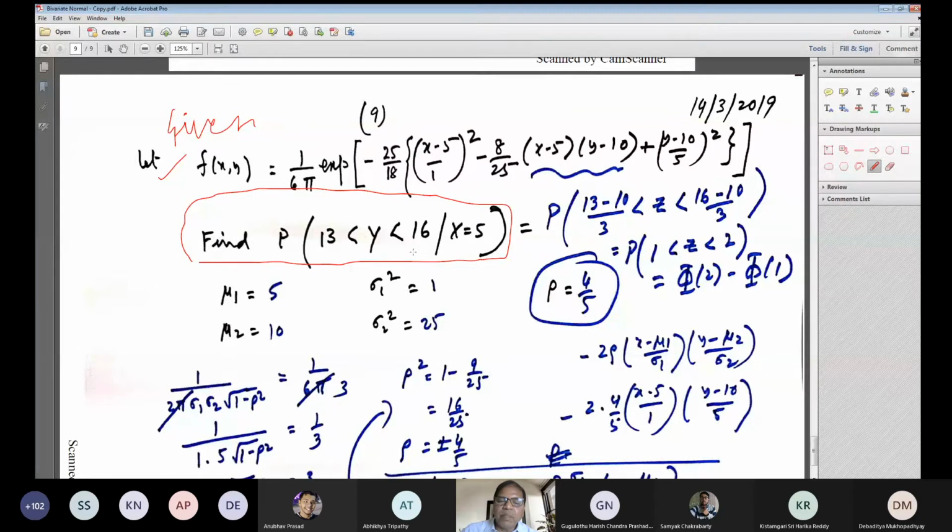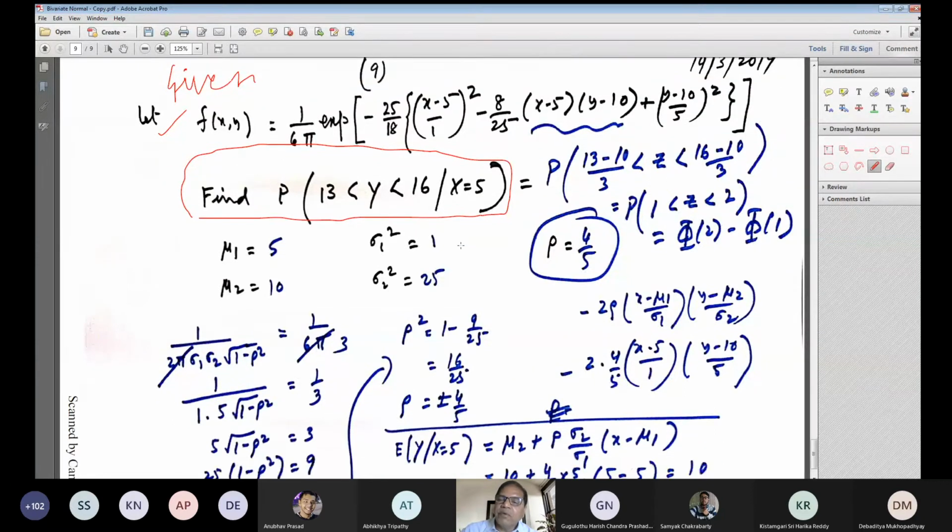So you have to match this particular expression with the standard bivariate normal density function. As you can see, we have the expression x minus mu1 by sigma 1 square. So mu1 is 5, sigma 1 is 1.